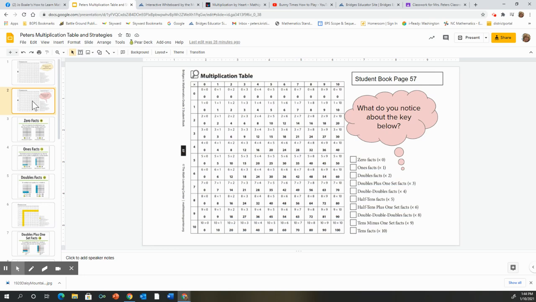And we usually learned them in an order that started with times zero, and then ones, and then twos, and then threes, and then fours, fives, sixes, and so on until we got up to the sevens, eights, nines, and tens, and beyond. But what we do now is we present them in an order that allows students, hopefully, to build on what they know and make connections between how certain groups of facts are similar.